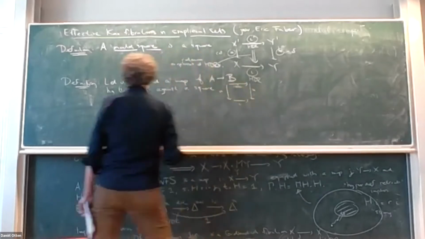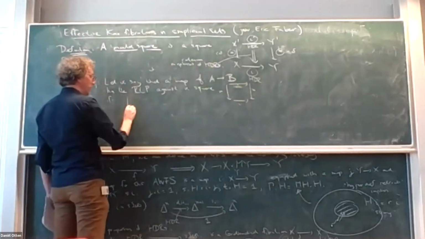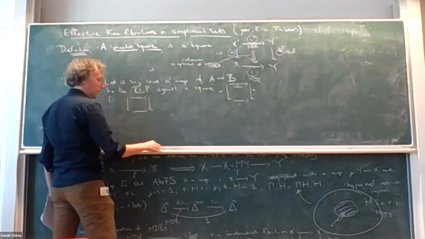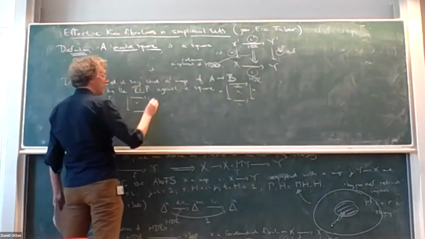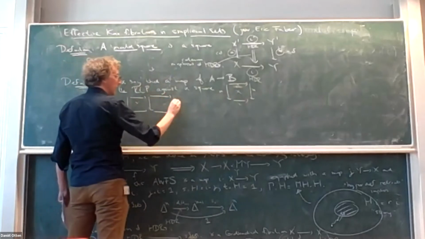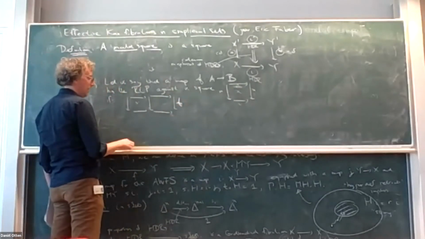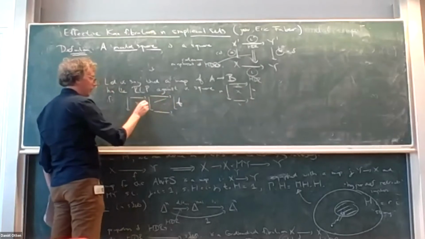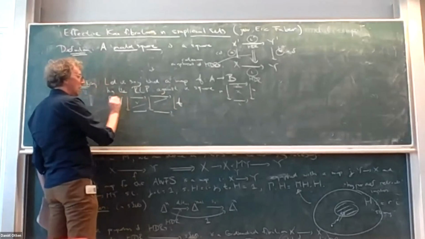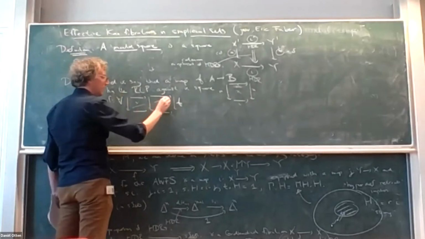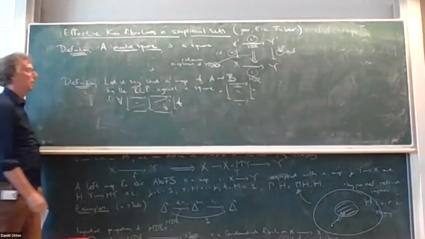So if I'm given this square, and I'm given another square with F here, and I'm also given a map going across like this, which makes everything commute, there exists a map going here, which makes everything commute as well.